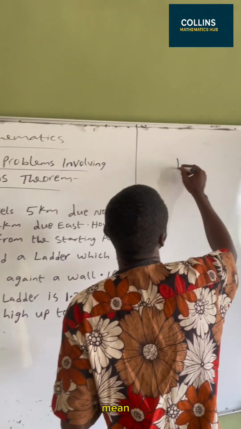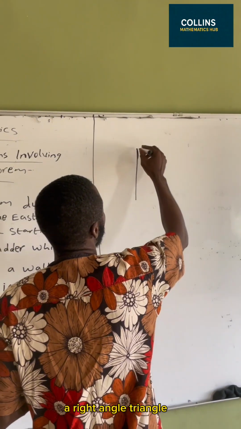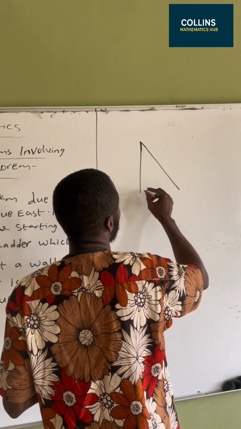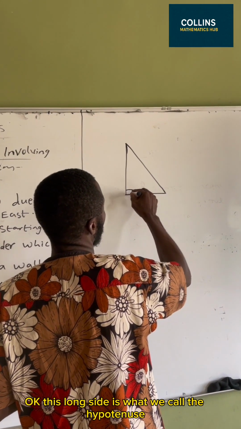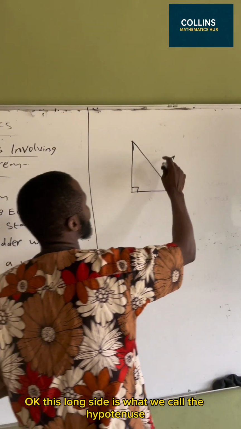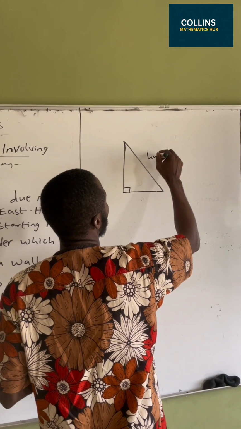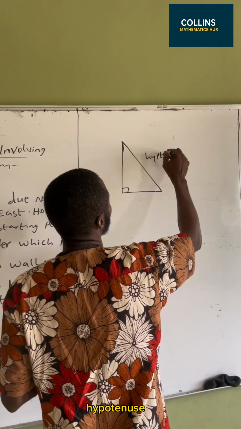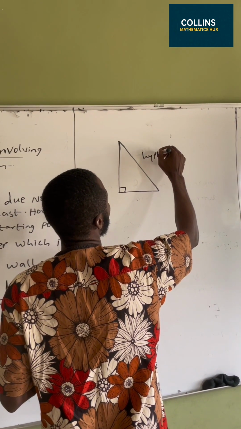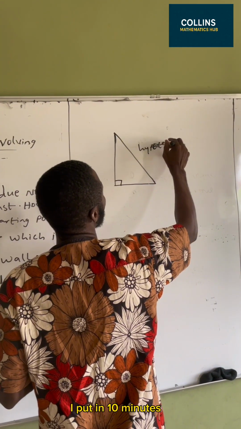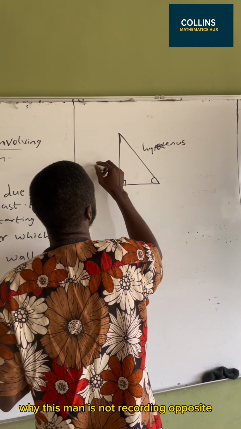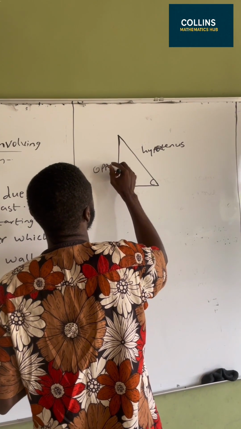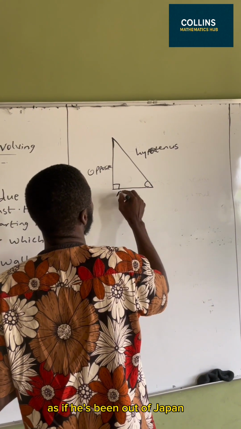This is a right angle triangle. This long side is also called the hypotenuse. While this side is also called the opposite, and this is the adjacent.